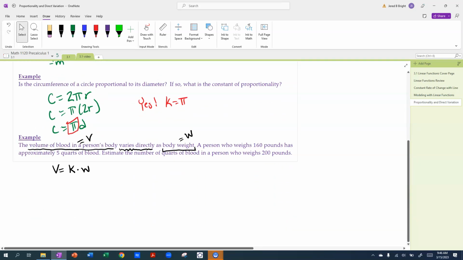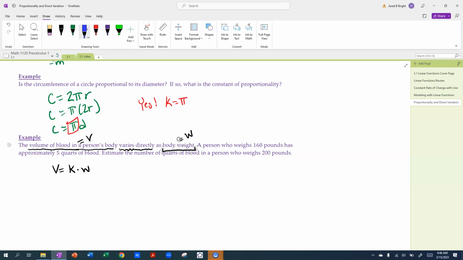So now there's some information given. Oh, we're not done yet. A person who weighs 160 pounds has approximately 5 quarts of blood. So what is that telling me? That's a weight, so I can put that in for W, and 5 quarts of blood, that's a volume. Oh, I can figure out what K is.